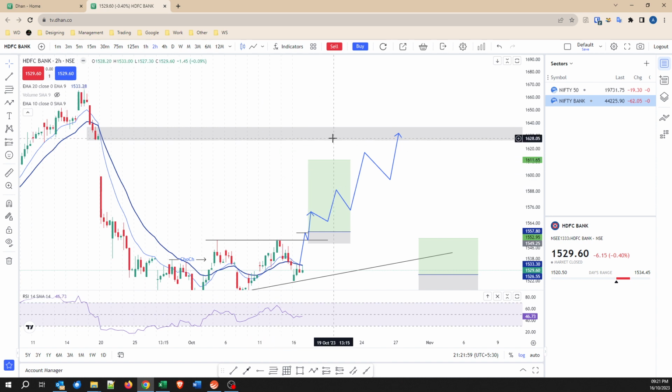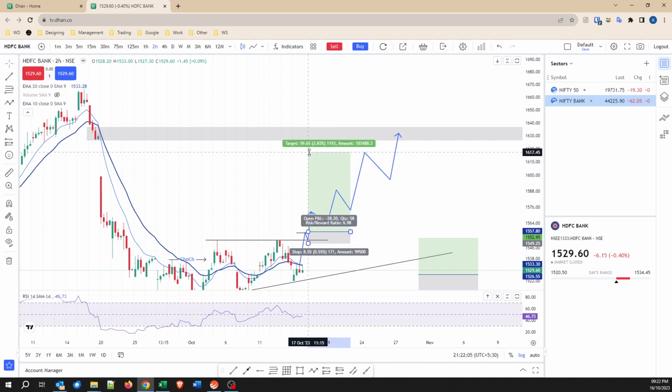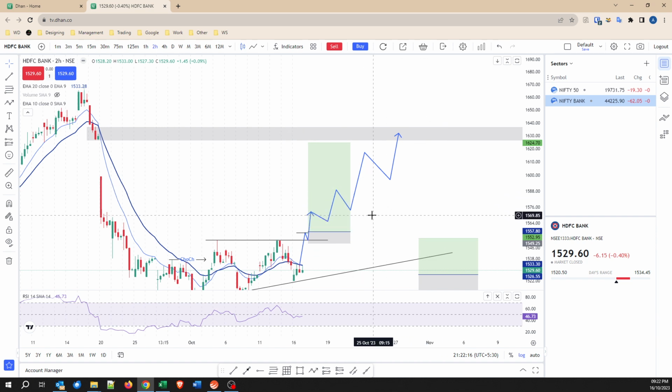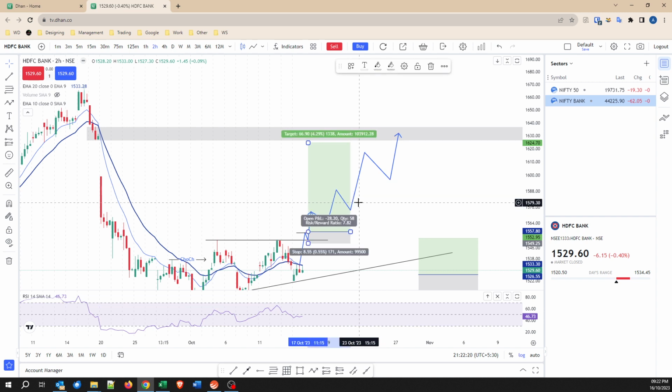So I would give this target around a week, maybe a week or two. So we should expect quite a lot of move in this case. The target here is around 1,300 points. That's pretty good. So this is my analysis for Nifty and Bank Nifty.